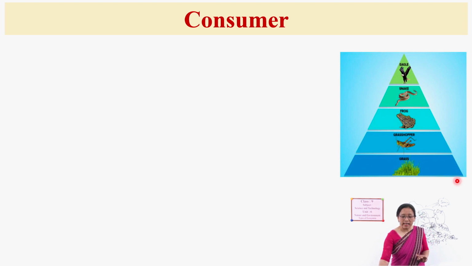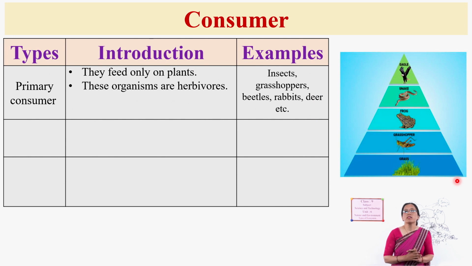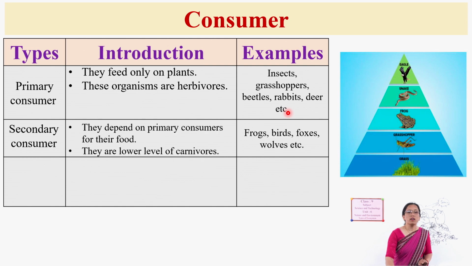Those which are directly feeding on the plants are called primary consumers. These are also called herbivores, for example insects, grasshoppers, beetles, rabbits, deer, etc. In a grassland, we can find this kind of primary consumers.